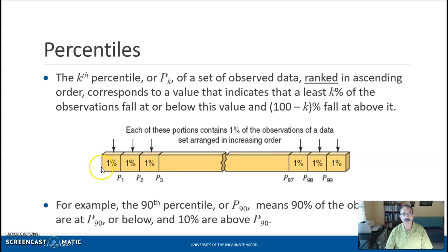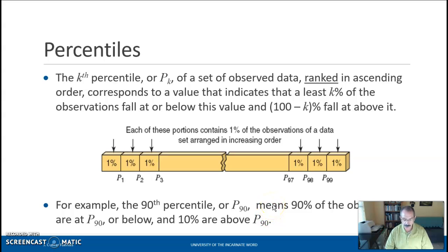In this diagram, I'm showing the first percentile, the second, the third, all the way to the 97th, the 98th, and the 99th percentile. For example, the 90th percentile, or p sub 90, means that 90% of the observations are at p90 or below, and 10% are above p90.